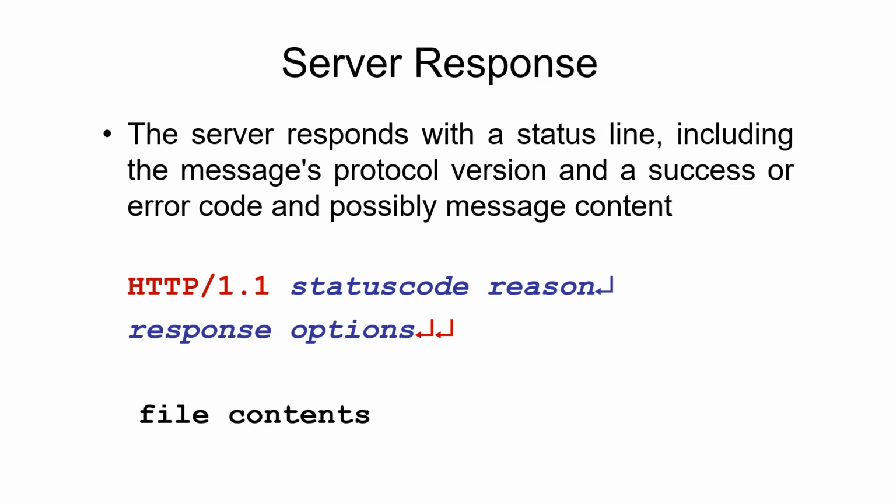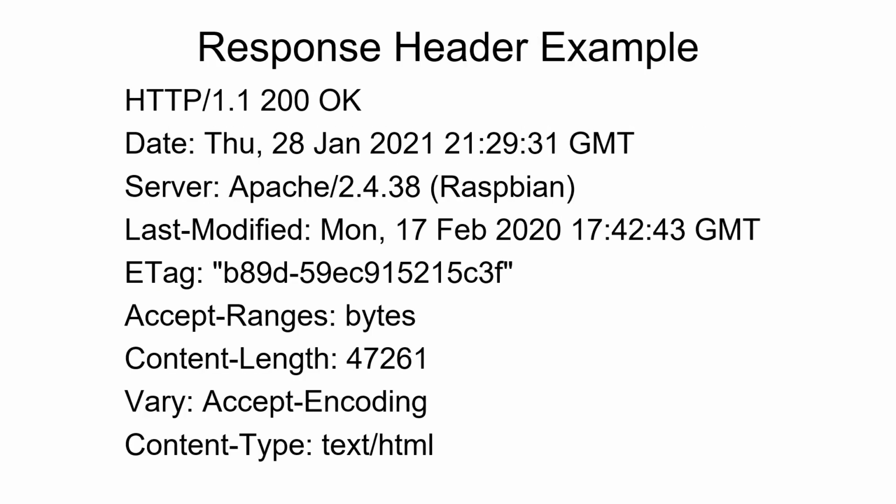After that are some response options in the form of a keyword, data, end of line. And so there may be many response options, followed by a blank line, which is 2 end of line characters right after another, and then the file contents, the information that is being returned from this request.